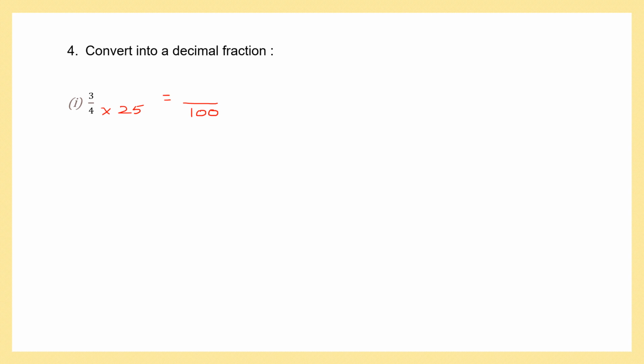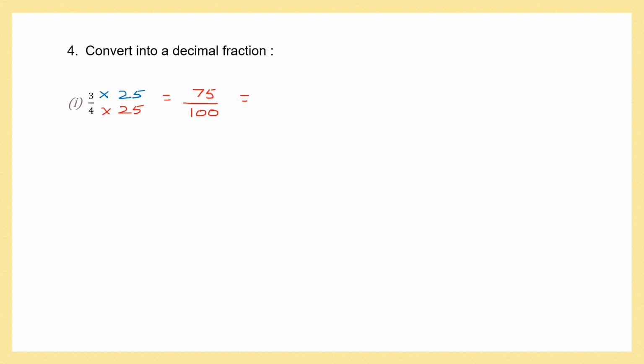Let me go back to my question. If I multiply the denominator by 25, I must multiply the numerator also by 25. 25 into 3 is 75. Now we've got a question like the previous question, isn't it? Here the denominator is 100.